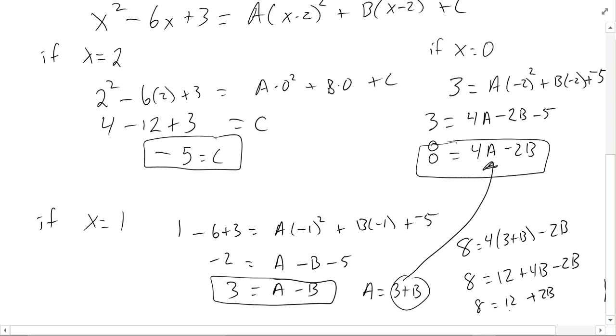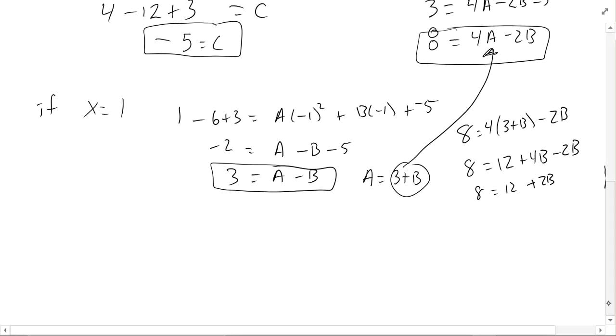If you subtract 12 from both sides, I'll get negative 4 is equal to 2B, so B is equal to negative 2. If B is equal to negative 2, I know that A is equal to 3 plus B, so A is positive 1. 3 plus negative 2 is positive 1.